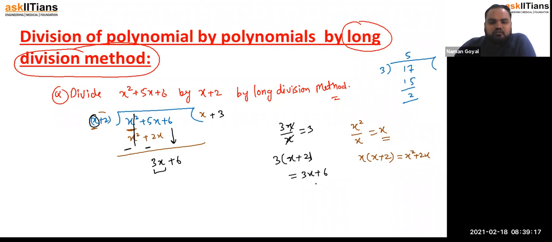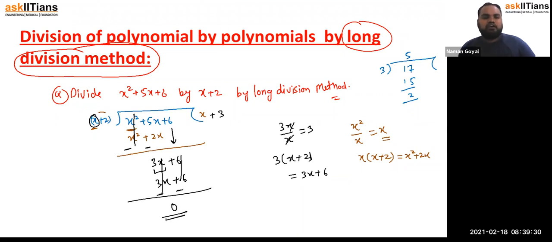So that quantity 3x plus 6 is going to be written here. Now we have to subtract them. This will be cancelled out, this will be cancelled out, we get 0. Are you getting my point? Isn't it very nice? So this method is known as long division method.